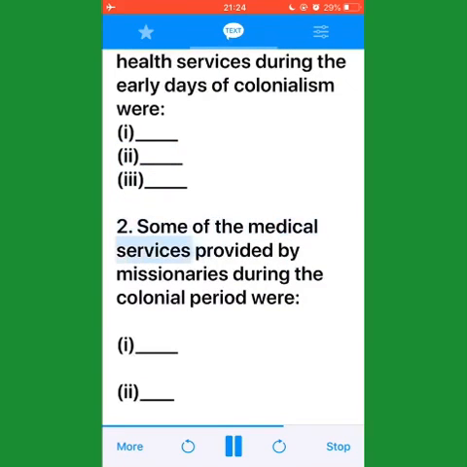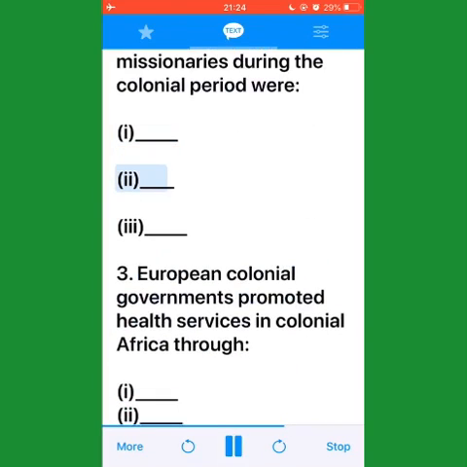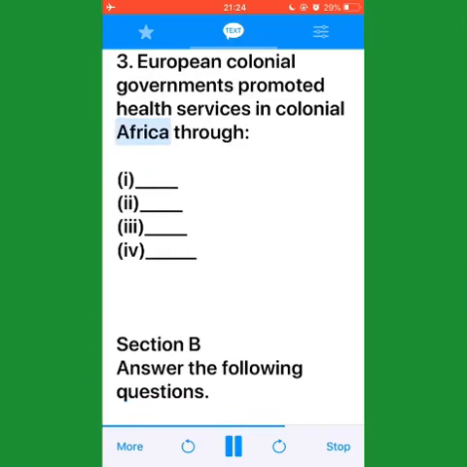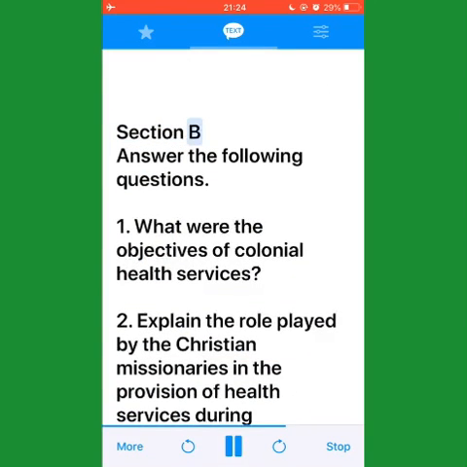Some of the medical services provided by missionaries during the colonial period were 1. 2. 3. 3. European colonial governments promoted health services in colonial Africa through 1. 2. 3. Section B.